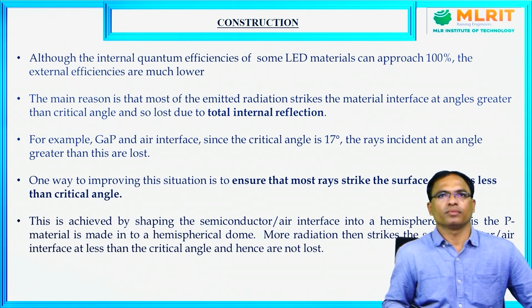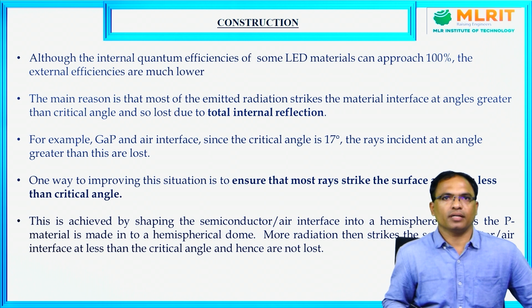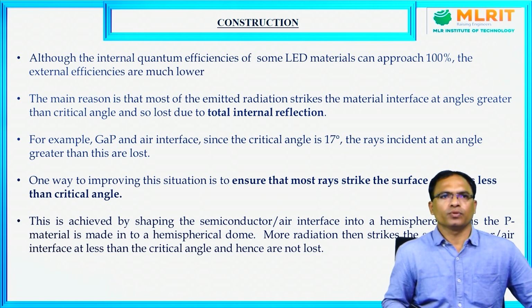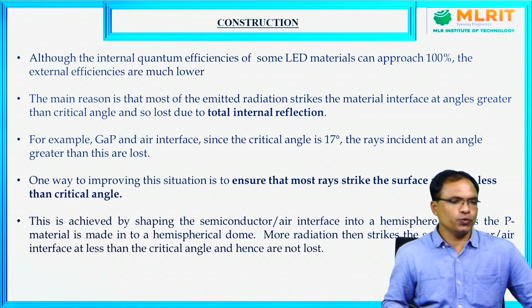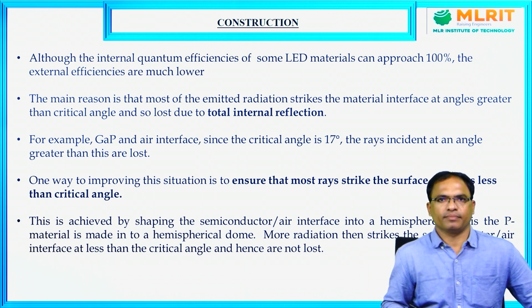Now, coming to the same construction. To avoid the loss of light when it is coming from the LED, the light which is produced should strike the glass air interface below the critical angle.